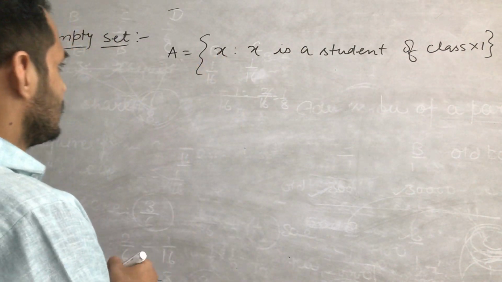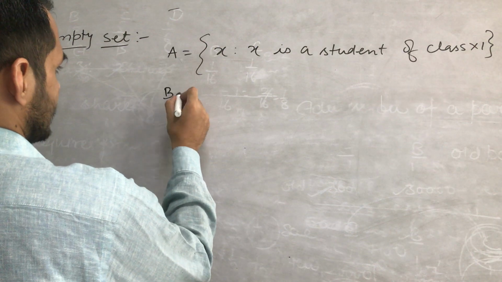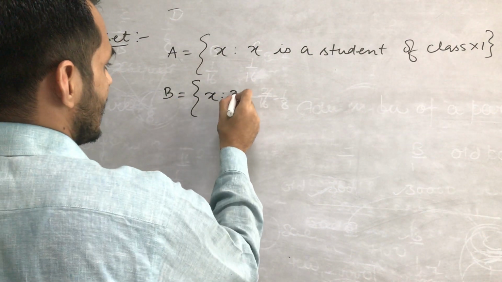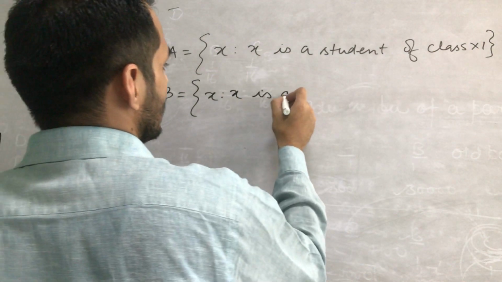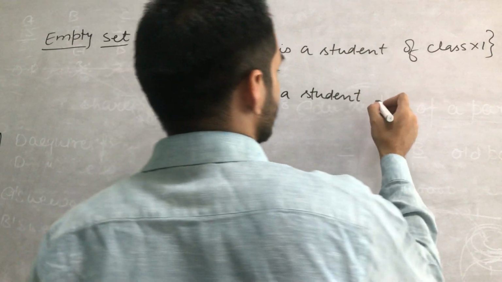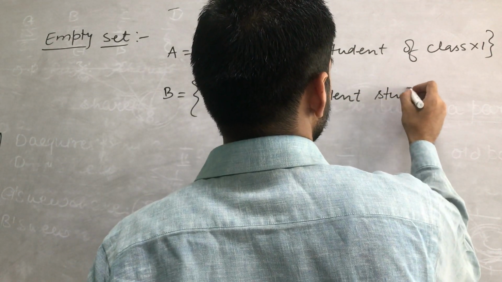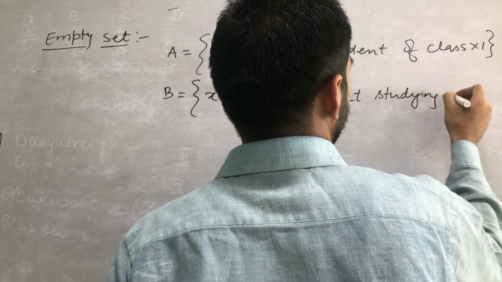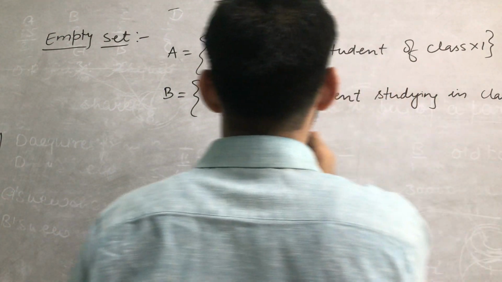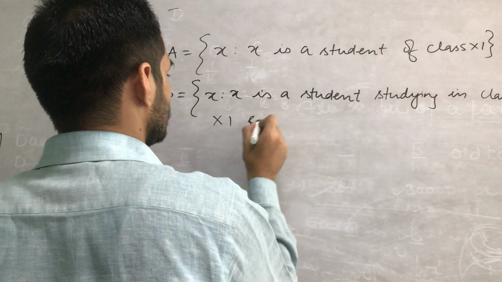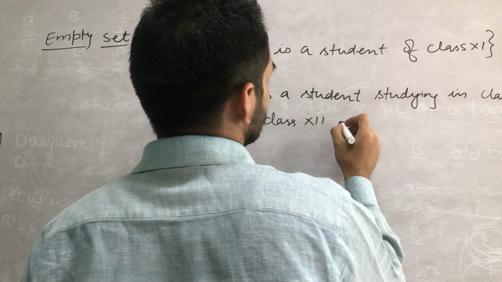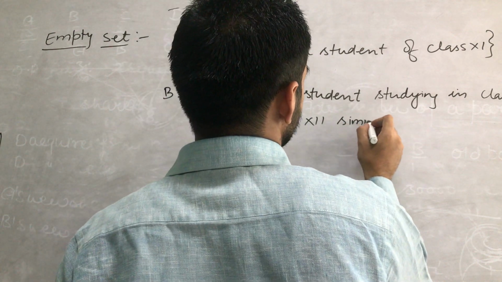But if I say set B, the set of all x such that x is a student studying in class 11 and class 12 simultaneously.